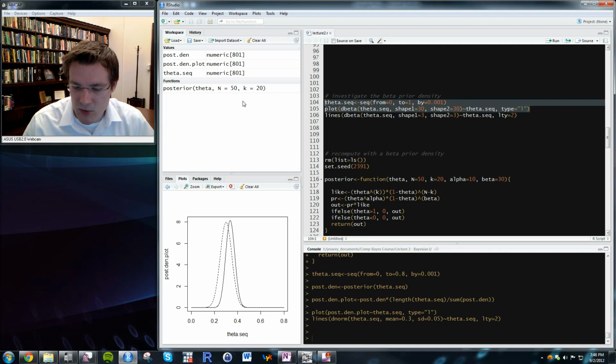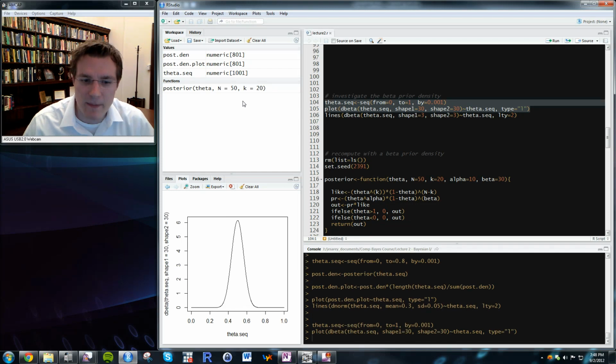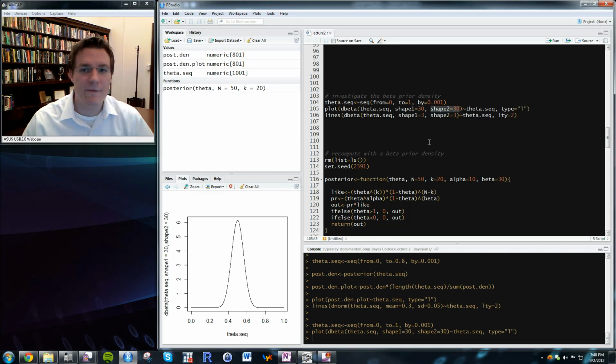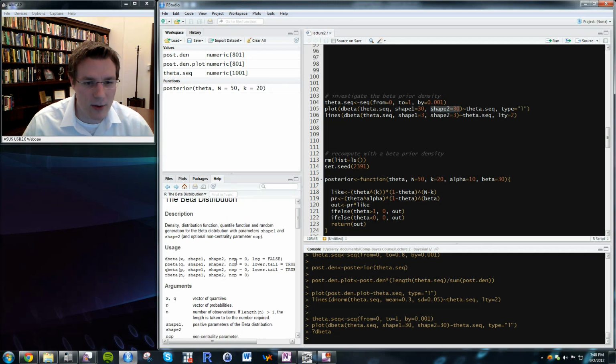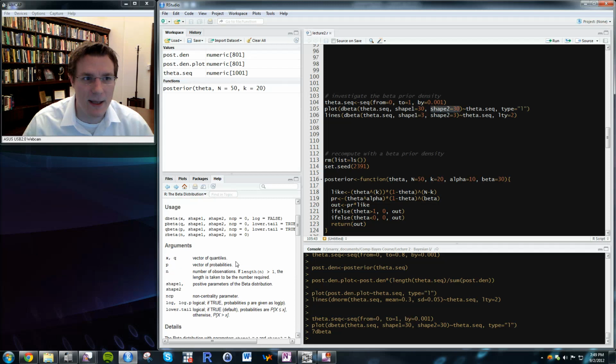I'm going to start off by showing you a beta density with alpha equals 30 and beta equals 30. If you look at the help function for dbeta, alpha and beta are given by the shape1 and shape2 parameters. So I'm setting alpha and beta here, but they're called shape1 and shape2 in R's language.